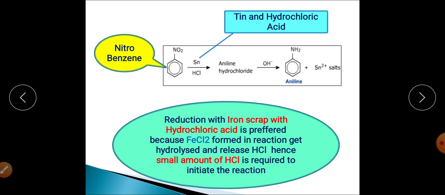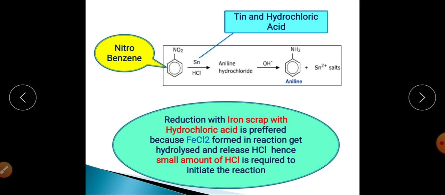For example, we are having a carbon-carbon double bond or a carbon-carbon triple bond in our substrate, and to that substrate we are also having an NO2 group. So during catalytic reduction, the double or triple bond will also get reduced, as well as the NO2 group will also get reduced. So this type of limitation can be overcome by using lithium aluminium hydride.